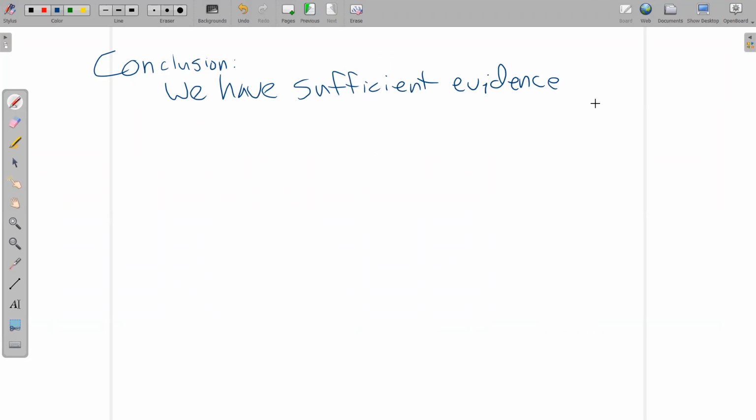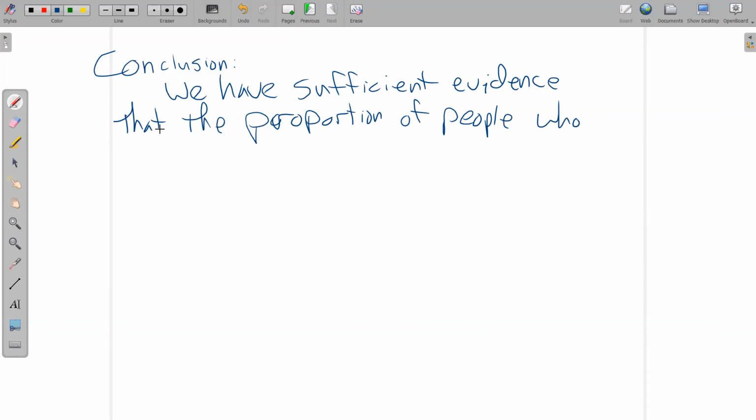We have sufficient evidence that my parameter, the proportion of people who own cats, is not 10%. I could say significantly different there, but my mom would like "is not 10%." It means the same thing, but in slightly plainer language.